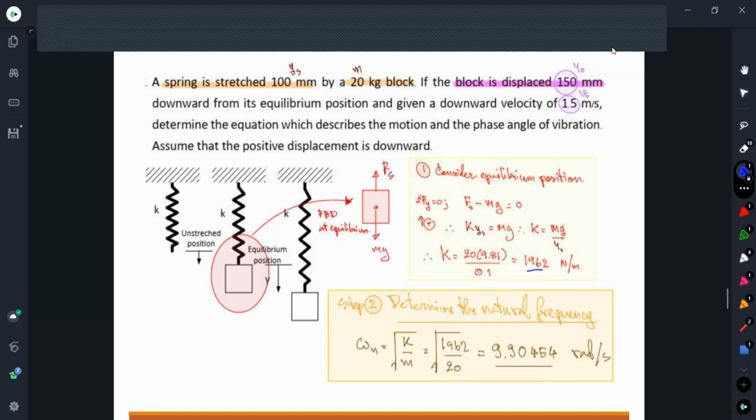This is a single degree of freedom system. Omega is equal to the square root of k over m, where m is the mass and k we already determined is 1962. For this case we found the natural frequency is equal to 9.9 radian per second.